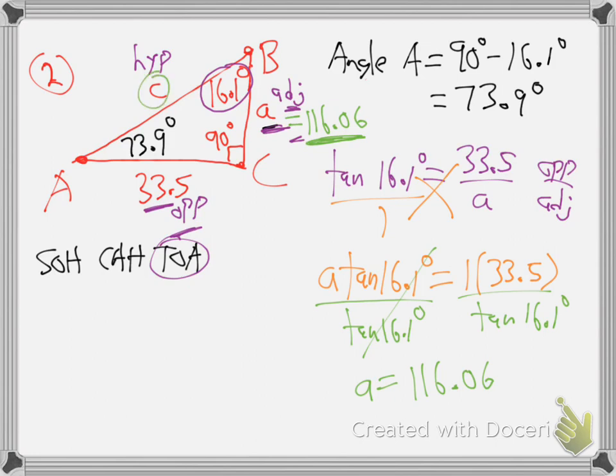That's all I got left to find. They want me to find C accurate to 2 decimal places. So therefore, if I'm going to use a rounded number, I'm going to have to use a rounded number more than 2 places accurate so that I can round the final C correct to 2 places.